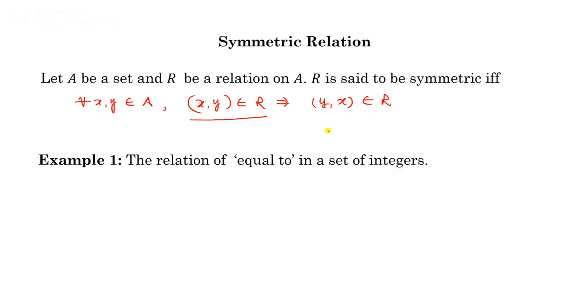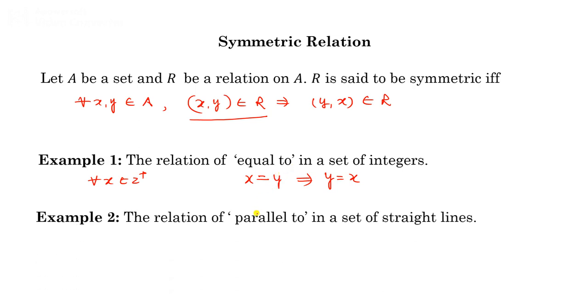Look at this example. The relation of equal to in a set of integers Z. For all x, y belongs to Z, you can write x equal to y. If you assume x equal to y, x is related to y, then you can say y is equal to x. So this relation is a symmetric relation.